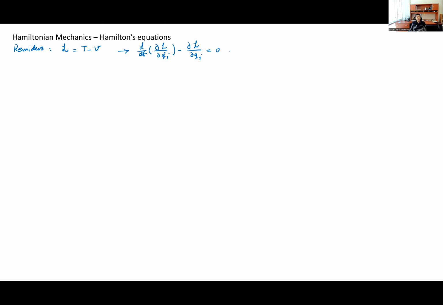Let's for now focus on the simplest case where we have independent q's and non-holonomic systems, the most basic kind of formulation for Lagrange.